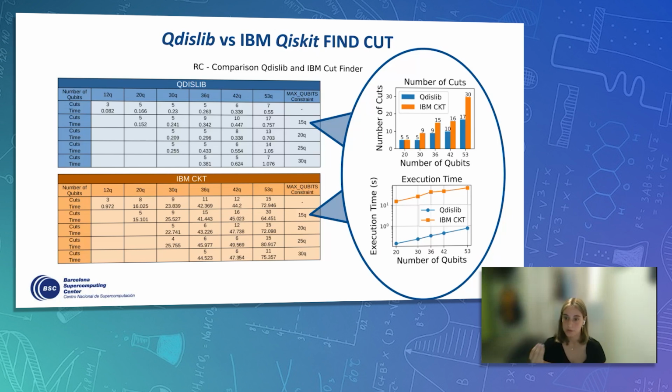So we were able to find, for the same circuits, cuts with a lower total number of cuts. And then we also managed to do it faster. So these were really good results for us. I also want to mention that this experiment was done with the random circuits that I mentioned before, the mesh ones that were obtained from the Google supremacy circuits and adapted to our specific case.